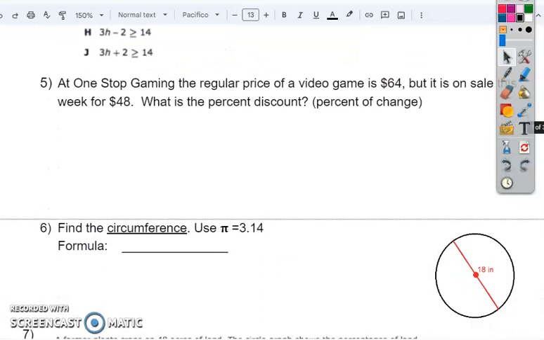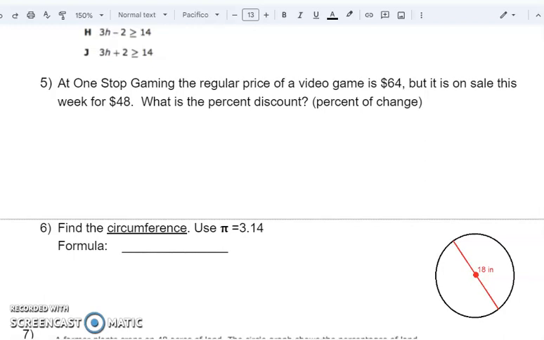Number 5, we have been doing this and we are still struggling. At One Stop Gaming, the regular price of a video game is $64, but it is on sale this week for $48. What is the percent discount or the percent of change? Guys, remember when it's percent of change, I'm almost always subtracting to figure out how much it is changing by. Okay? So, since I'm finding percent, that's our backup method, right? So that is over of equals percent over 100.